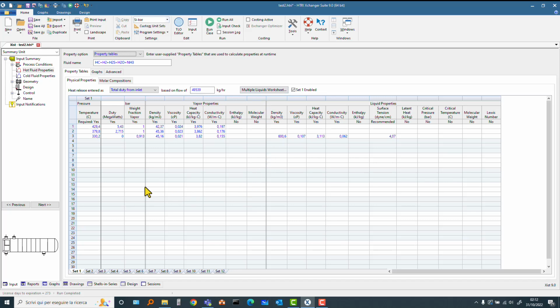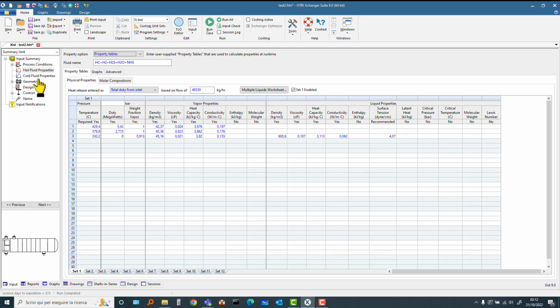So we said before that hot fluid comes in as 100% vapor, and then a small part is condensing. So we have 1, and then 0.9. We have, of course, all the vapor properties here and the liquid properties here.